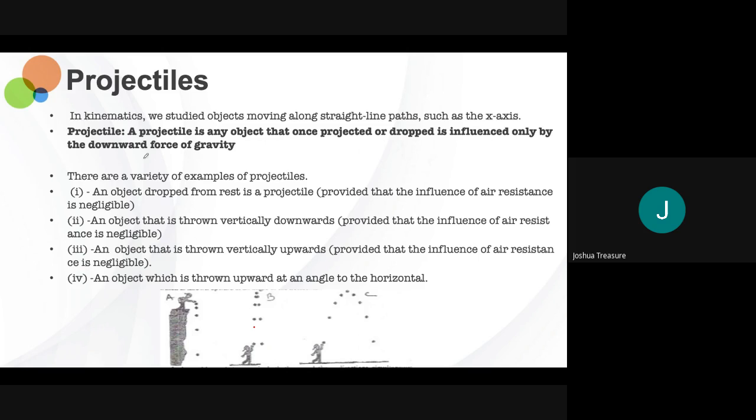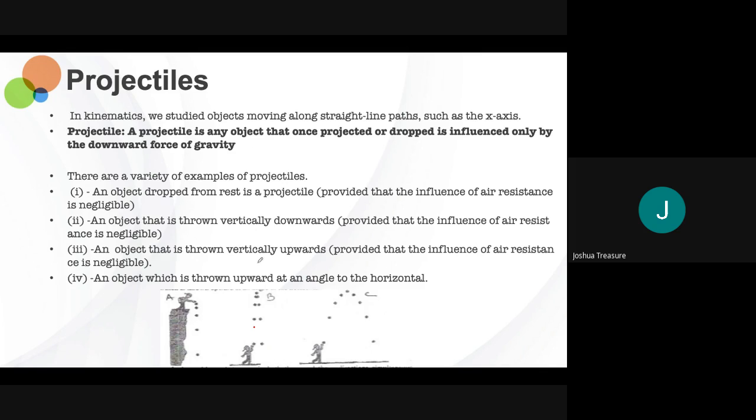There are a variety of examples of projectiles. An object dropped from rest is a projectile, provided that the influence of air resistance is negligible. An object thrown vertically downwards is the same thing.